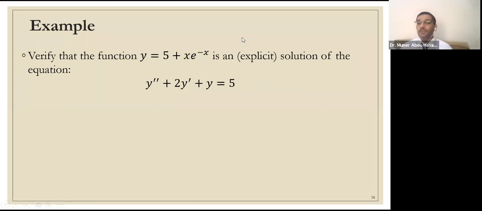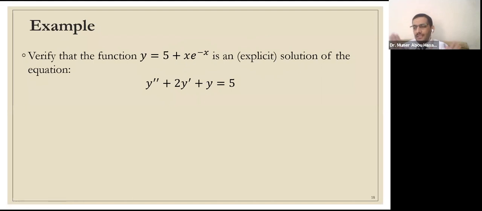But here he wrote the word explicit solution. What do you mean by the word explicit? And in the coming slide, I have the word implicit solution. An explicit solution means the function is y equal to something in terms of x only.